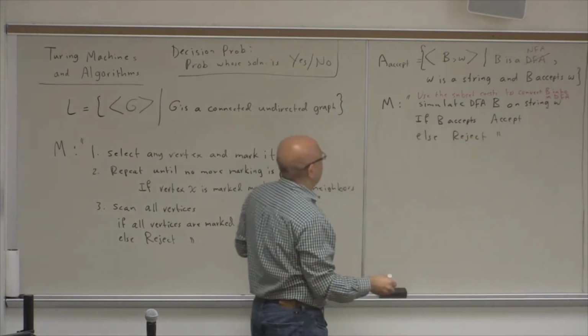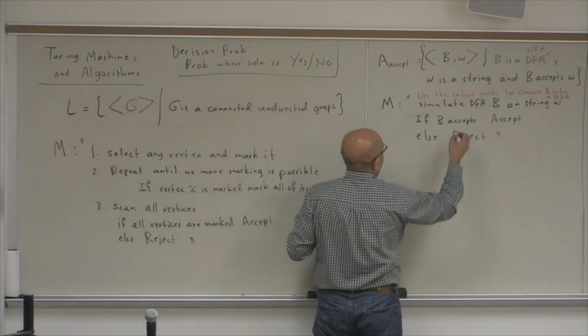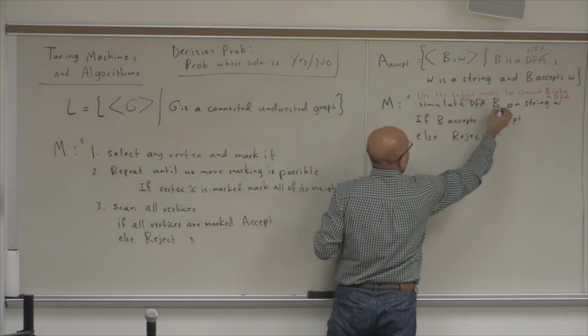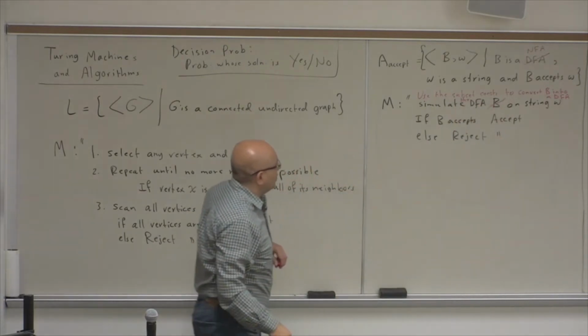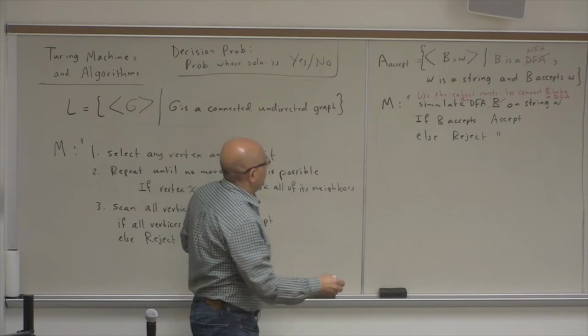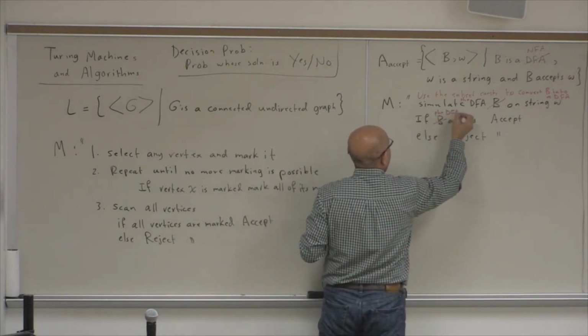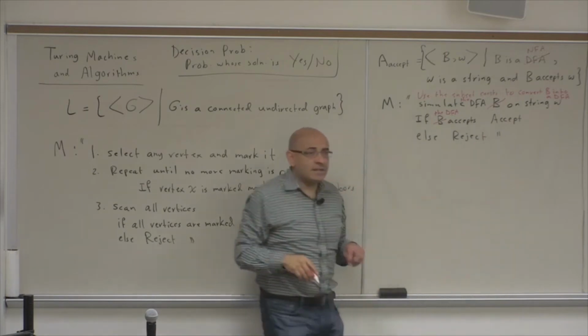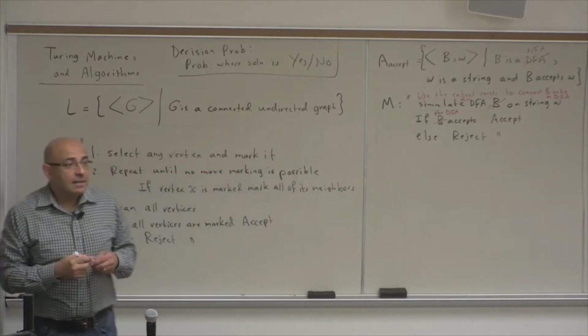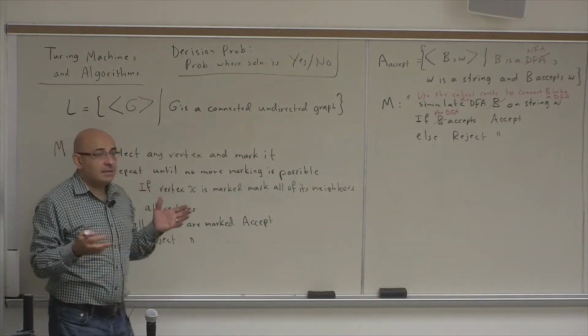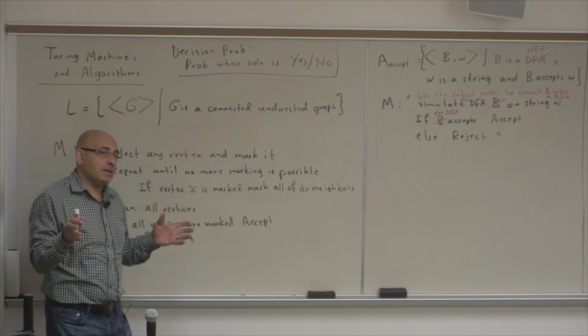Then simulate the DFA, which is not B, on string W. If the DFA accepts, accept, else reject. Now, the subset construction is a huge procedure, right?